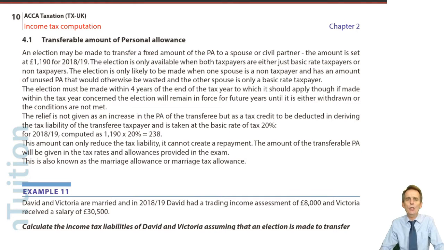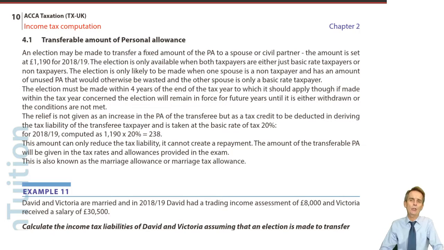It is unused. That £6,000 is more than covered by the £11,850. But that unused personal allowance does me no good. I can't carry it forward to the future. Next year I get another personal allowance set at whatever level the Chancellor of the Exchequer decides to use for that tax year. So we use it or we lose it.